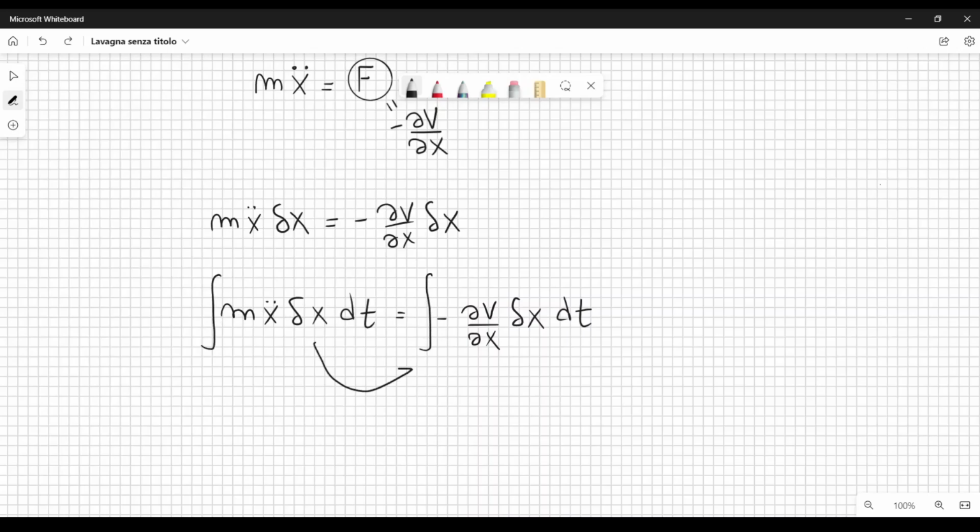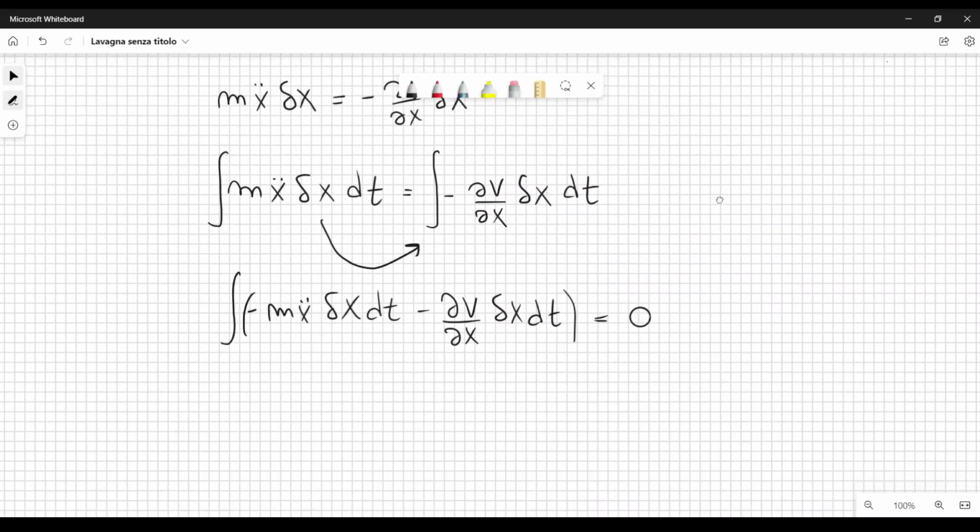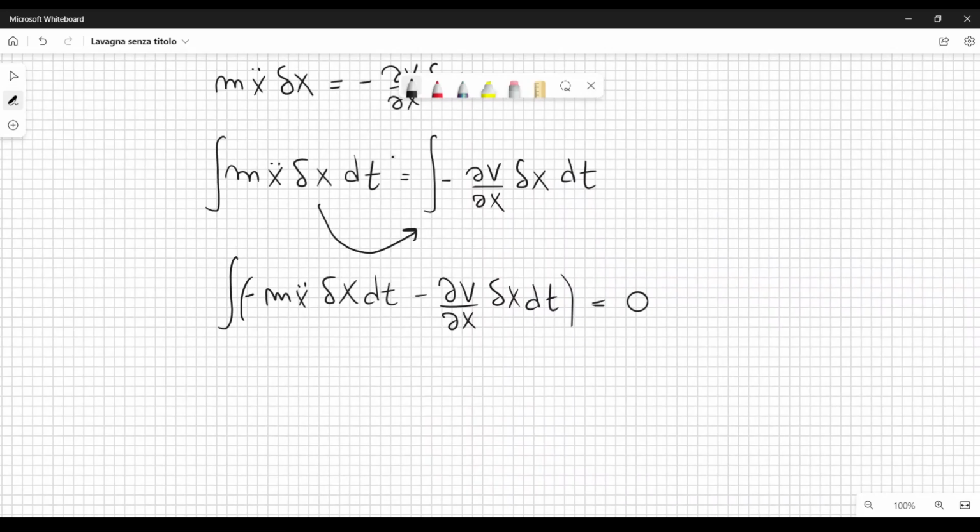Now let's move this to the right hand side, so we get the integral of minus m x double dot delta x dt minus dV over dx delta x dt equal to 0. And now we can integrate this first term here by parts.